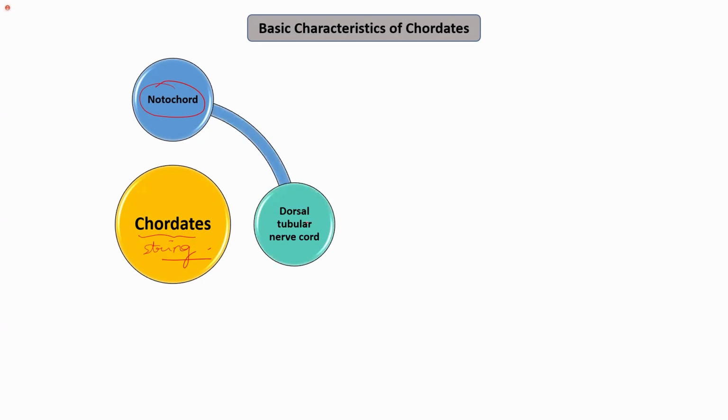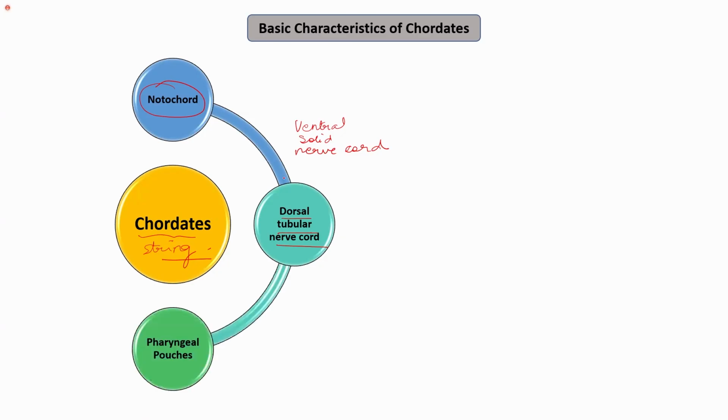The next important feature that we discussed was the dorsal tubular nerve cord. In the non-chordates, it was a ventral and solid nerve cord, while the chordates have a dorsal tubular nerve cord which is present dorsally to the notochord. Then they have pharyngeal pouches, which in some cases form gill slits, or in some cases are modified.